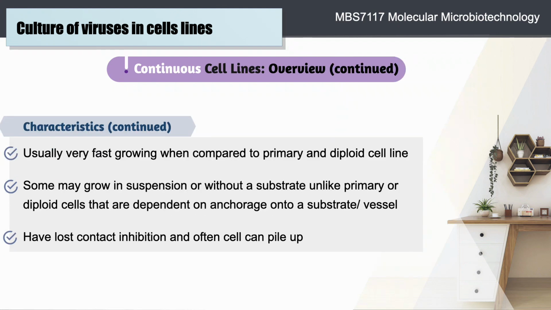We're still continuing with the characteristics of the continuous cell lines, and they are fast growing compared to the primary and diploid cell lines. They may grow in suspension without the need for a substrate, which was not the case in the primary and diploid cell lines, which are anchorage dependent. And lastly, they have lost contact inhibition and can often pile up, which is not really a good characteristic.